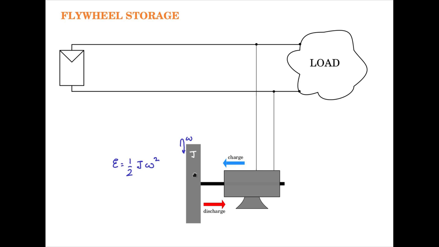And that is how the energy is stored within the flywheel. And when you want to discharge into the load, the half J omega square, the flywheel speed will decrease and release that energy into the motor, which will release it into the load. So this is how the flywheel storage mechanism operates.